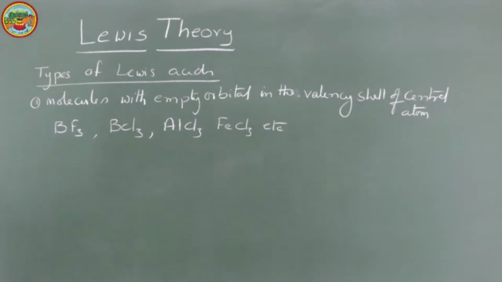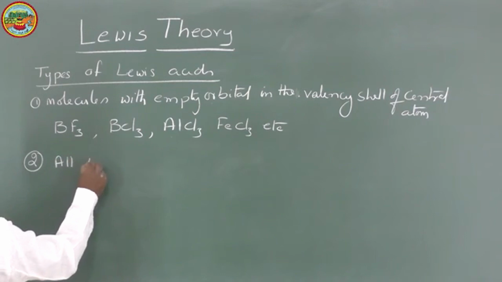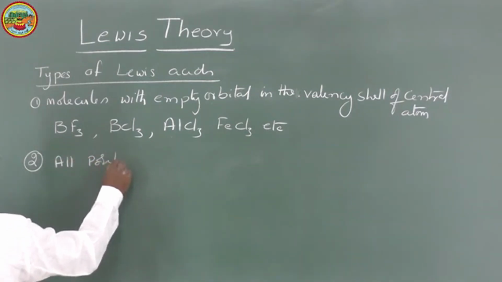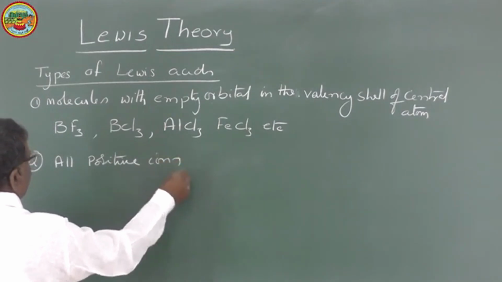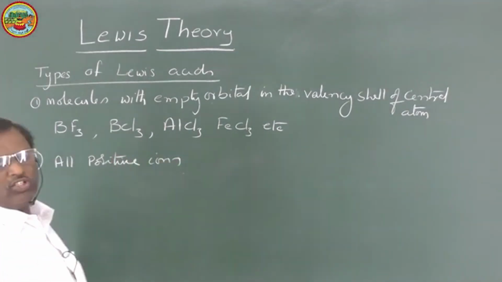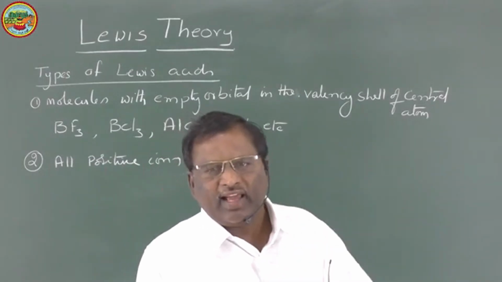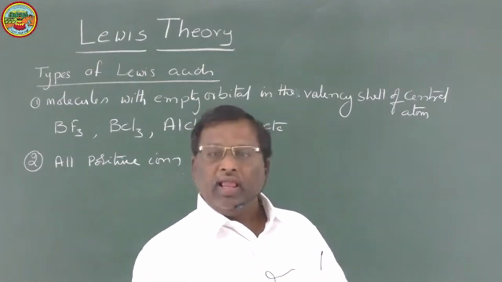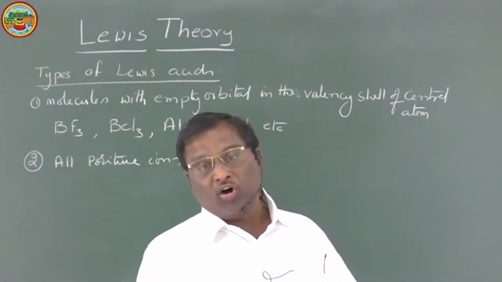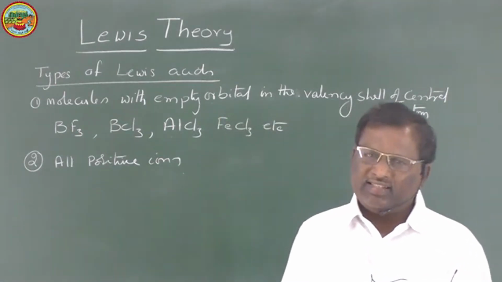Now, the second category of Lewis acids is all positive ions, including d block elements, which are considered to have empty orbitals.